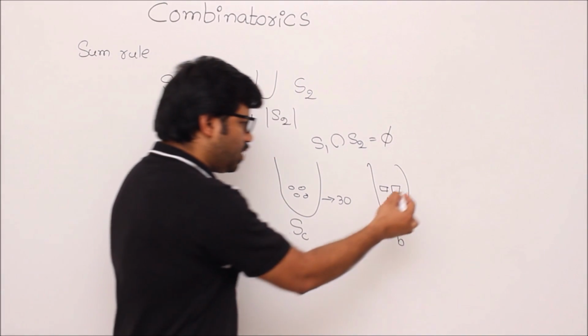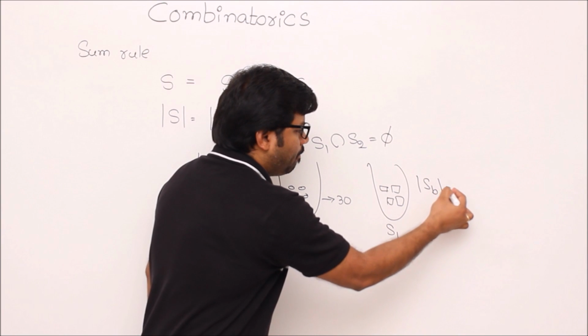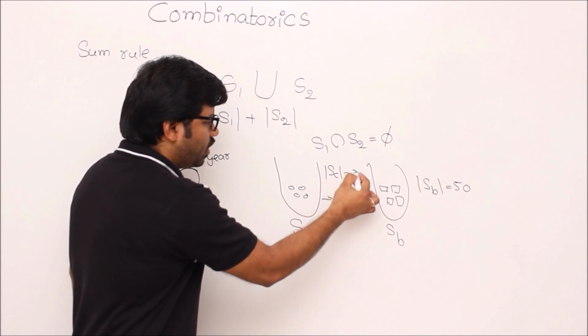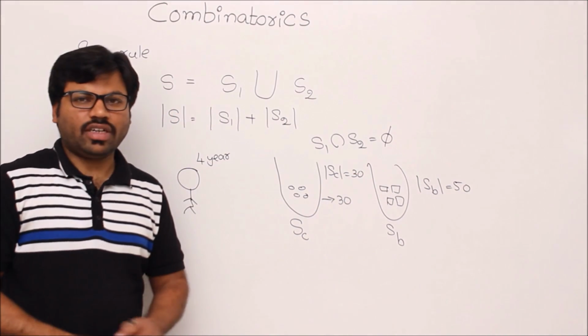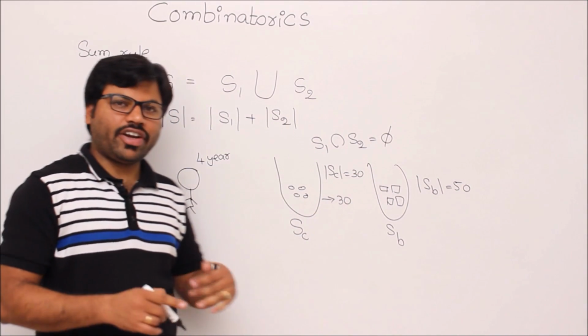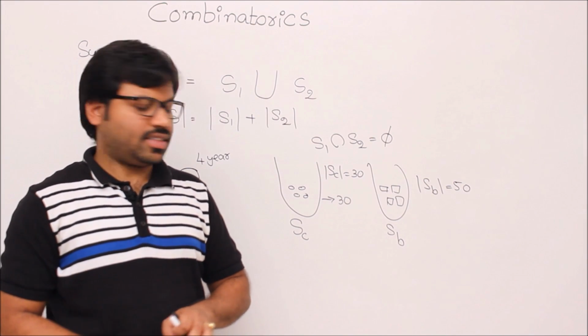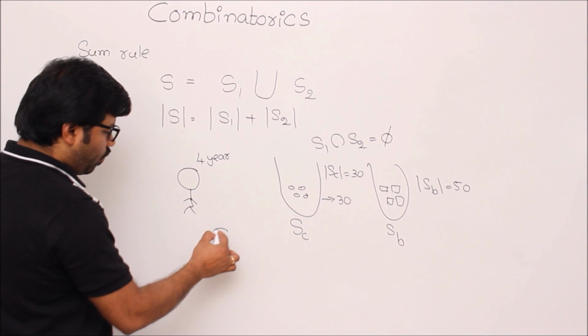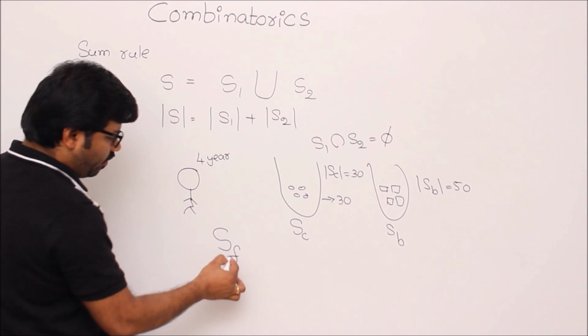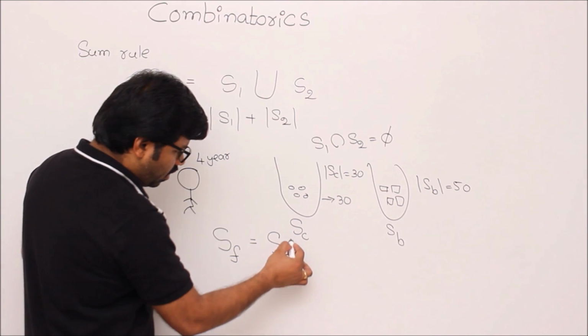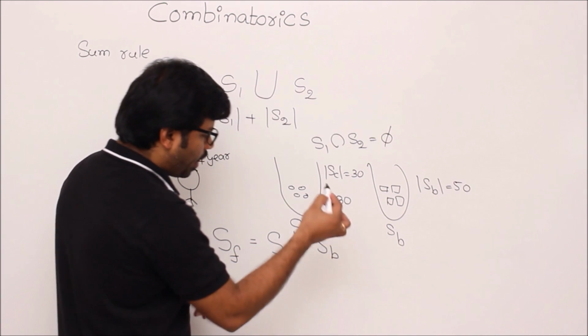Assume that the size of SB is 50, and here I am assuming the set of chocolates is 30. He knows that chocolates and biscuits are different objects, and he wants to count the total number of food items he has. The total number of food items he has is SF, which can be denoted as the set of chocolates union the set of biscuits.